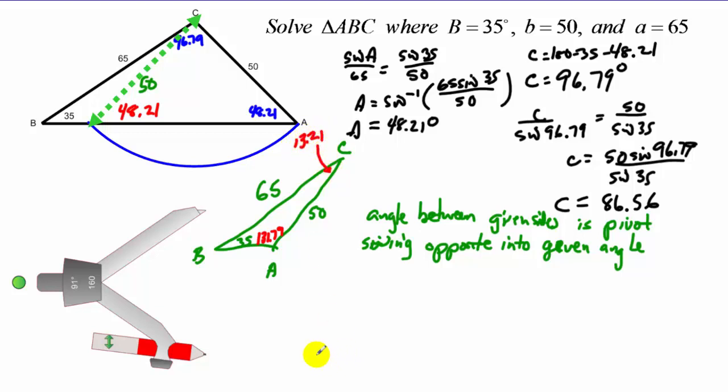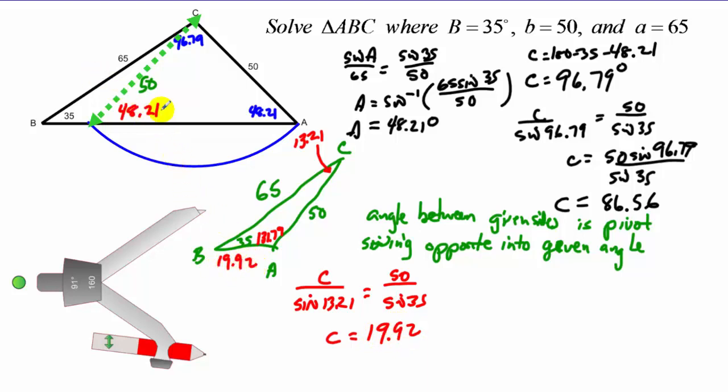Finally, I can find my missing side C by using the law of sines and just say C over the sine of 13.21 is equal to 50 over the sine of 35. And we end up with C equaling 19.92.